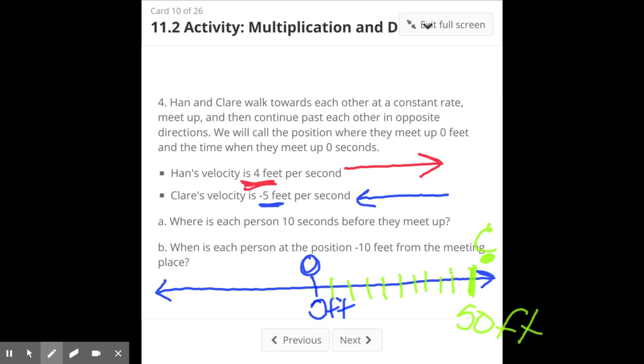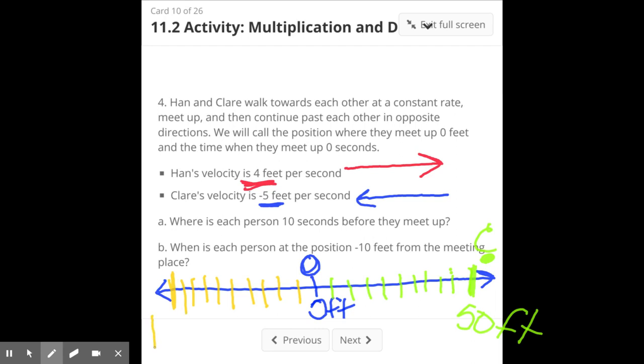All right. Then if we want to take a look at our friend Han, Han is starting on this side, and he's moving at a different speed. He has 4 feet per second, but we still need to know those 10 seconds. So 1, 2, 3, 4, 5, 6, 7, 8, 9, 10.